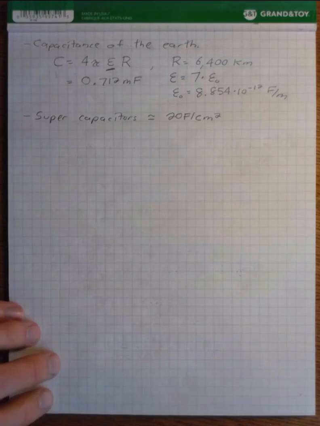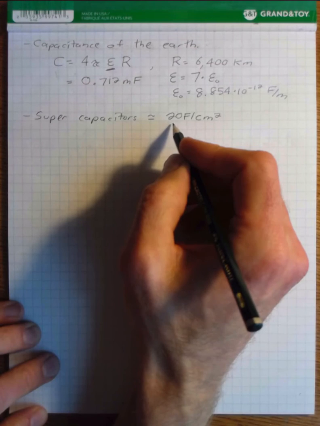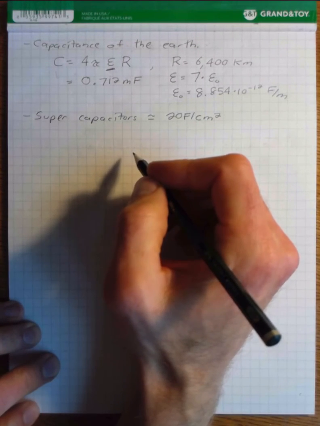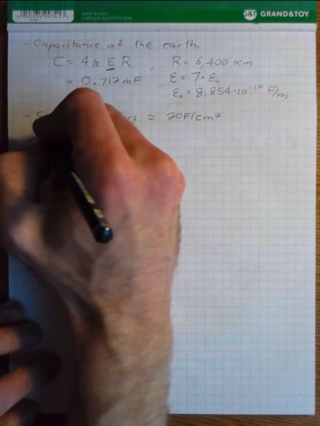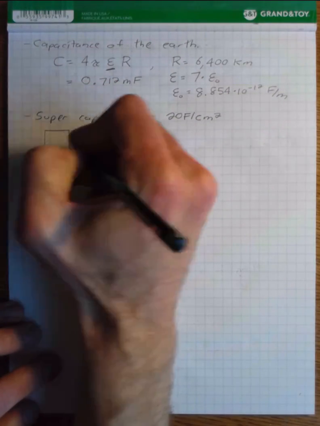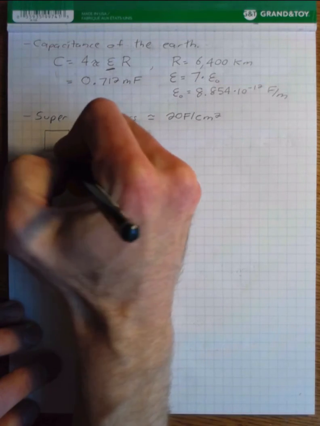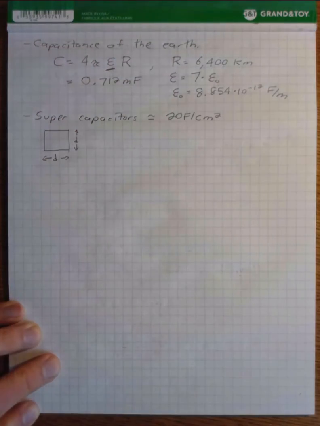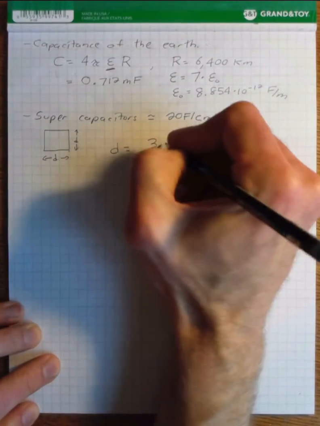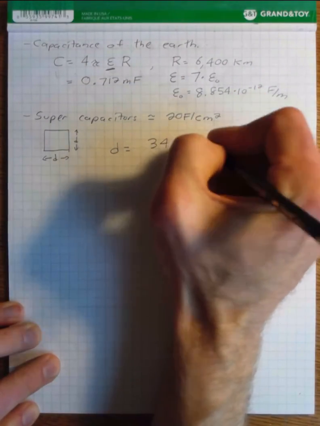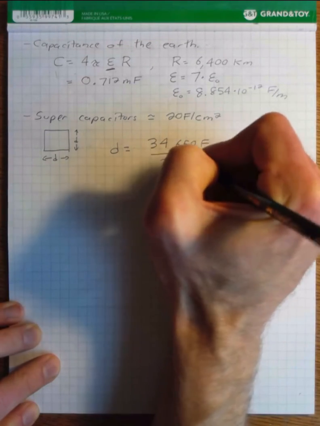And so if we wanted to figure out how big we needed to make our capacitor in order to get our 34,000 farads, let's say we just want to use a square capacitor, and the length of each side is equal to D. Then the value of D is equal to 34,650 farads divided by 20 farads per centimeter squared.